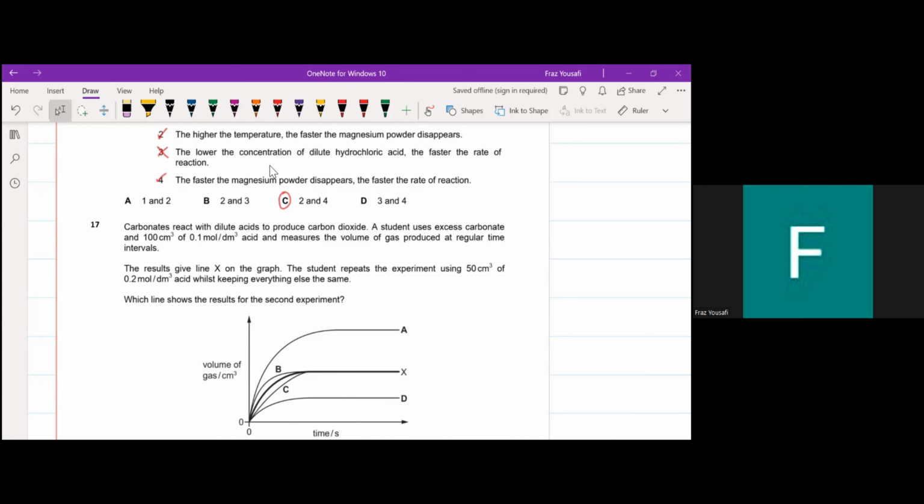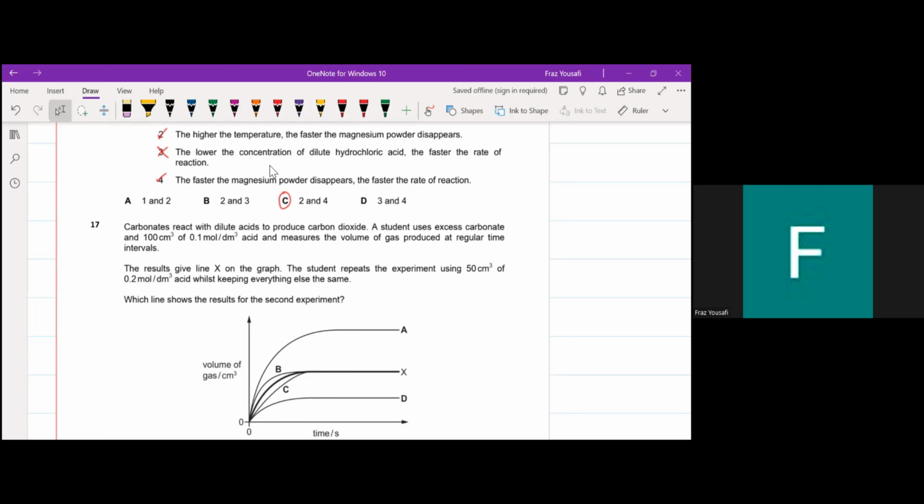Even though the acid is the limiting reactant, they're still giving you the same number of moles. 100 over 1,000 times 0.1 is 0.01. If I look at 50 centimeters cubed of 0.2, that would be 0.05 times 0.2, which is also 0.01. So the number of moles ends up being exactly the same.